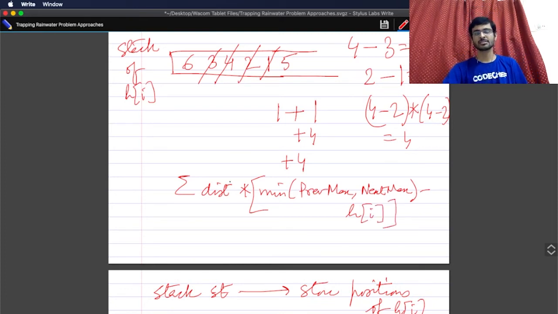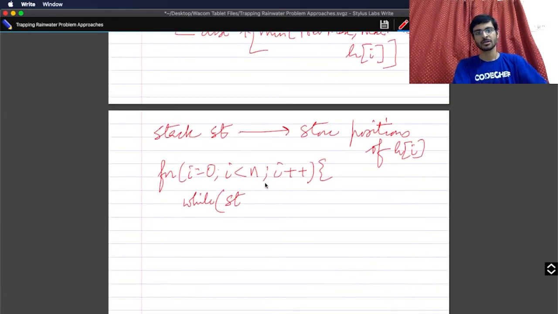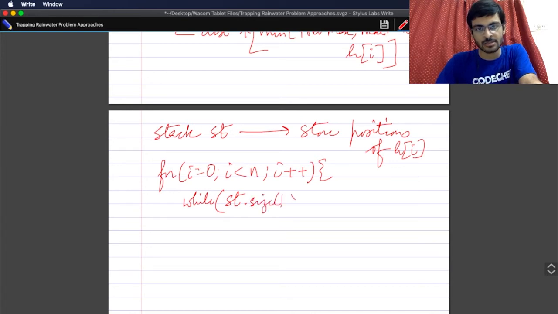So the distance is what, like you can see over here as well, the way I'll be coding it. While st.empty, it depends on the programming language that you are using, or you can say st.size is greater than 0.